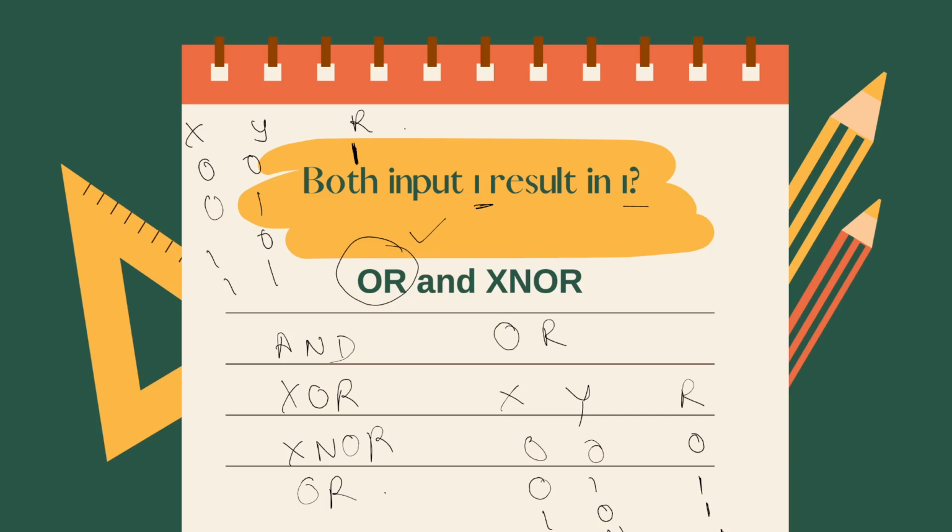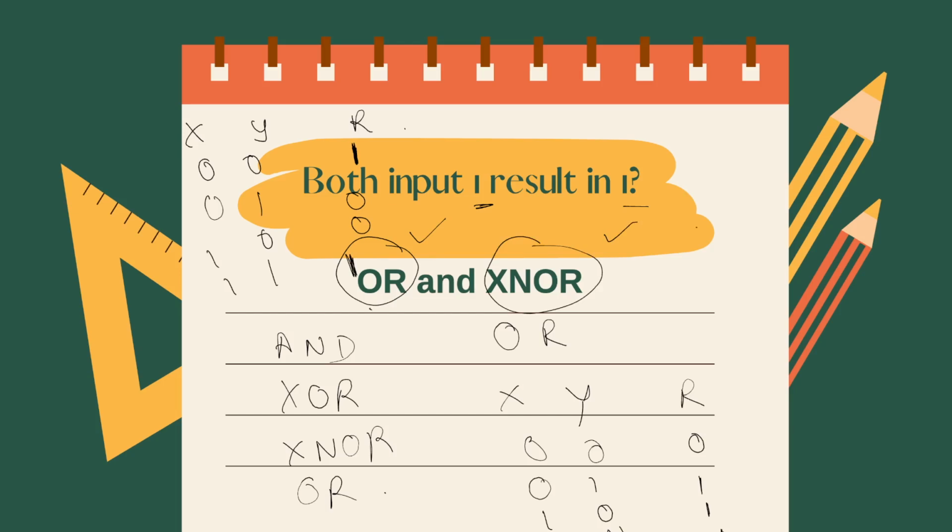So for both 0, it is going to be 1. For different inputs, like 0 1, it is 0, and 1 0, it is 0, and when 1 1, both are the same, it is going to be 1. So since both the inputs are 1, XNOR is also going to be 1. So the right answer to this question was OR and XNOR.